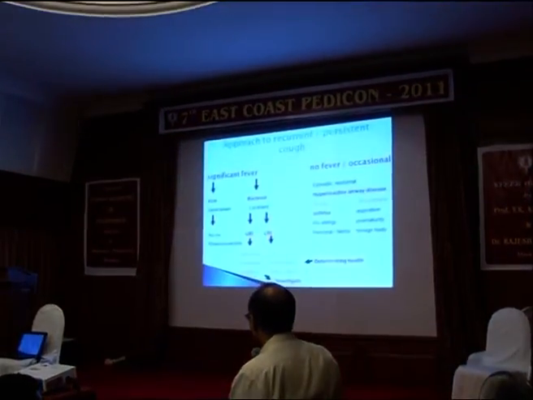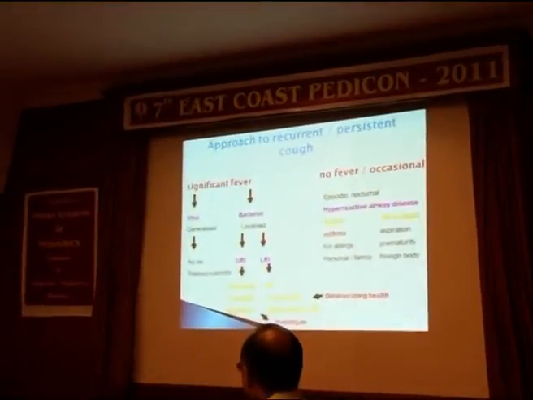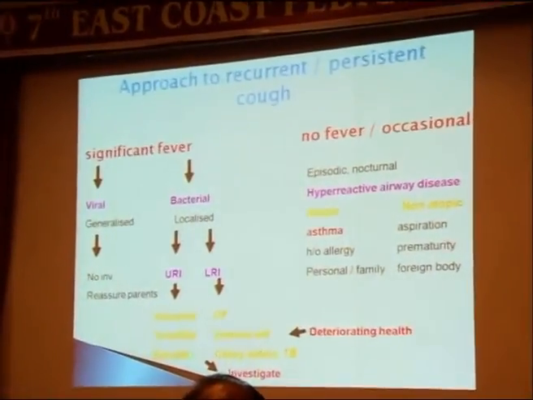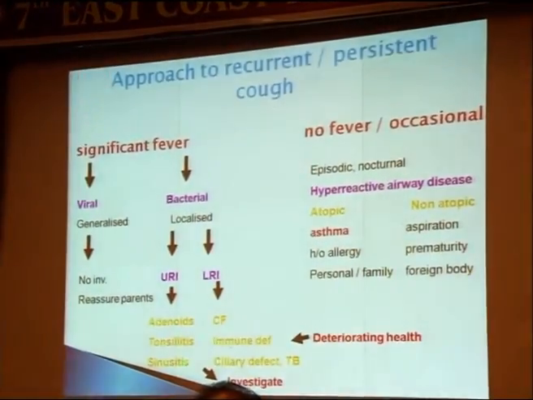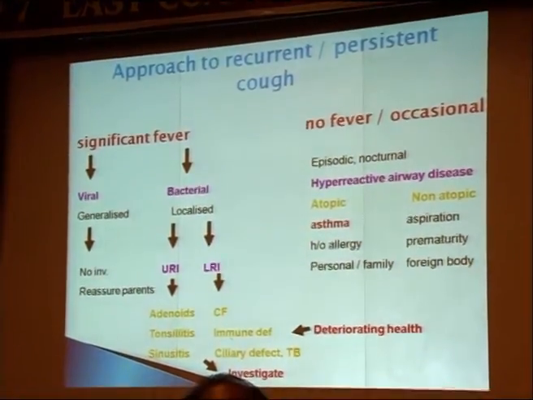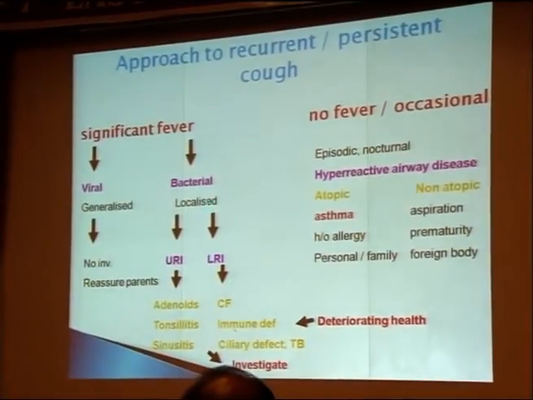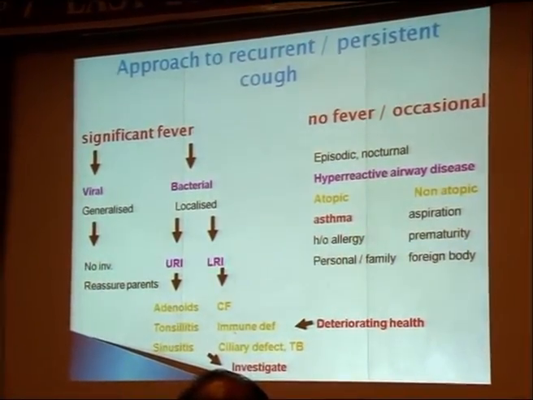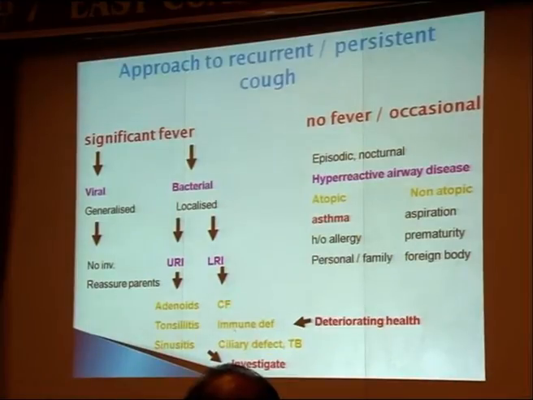If it is upper respiratory, look for these underlying abnormalities: adenoid, tonsillitis, sinusitis. If it is lower respiratory, recurrent bacterial lower respiratory infections, that means there is again some major underlying abnormality like a cystic fibrosis or an immune deficiency or a ciliary defect or a TB.